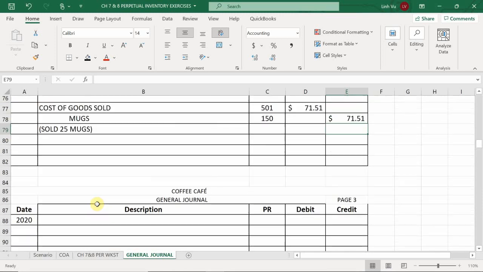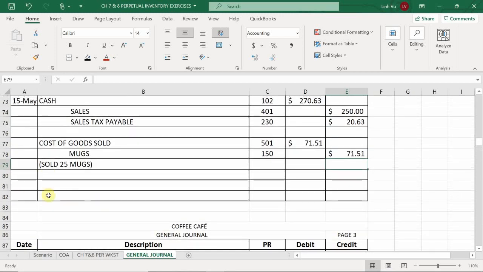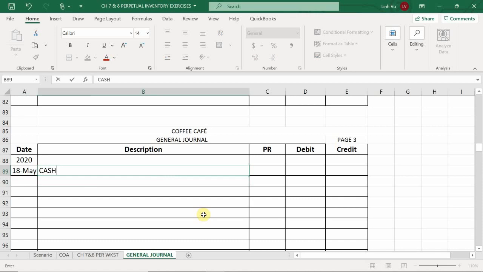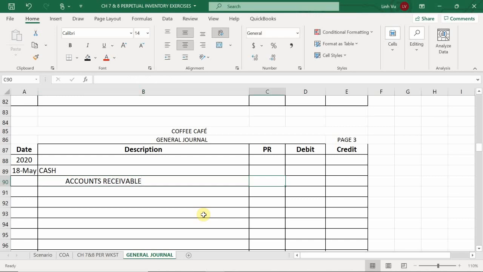So how do I journalize this transaction? I'm going to be on the next page now. Cash debit, receivable, credit. Good, right? Cash debit, account receivable as a credit, right? Because we're going to reduce the amount that they owe me because we are receiving a payment.